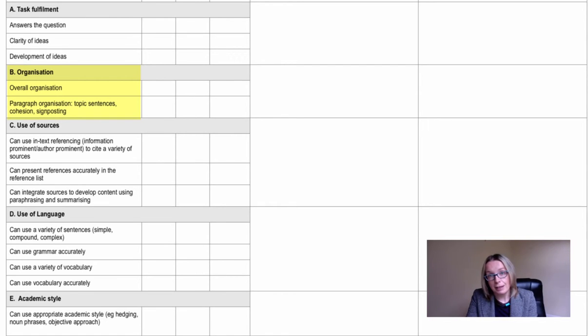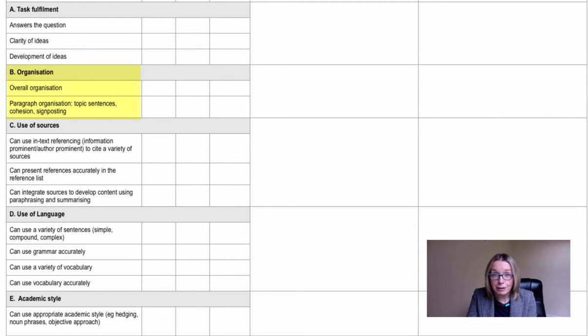Certain assignment types have a prescribed structure. So for example, situation, problem, response and evaluation for certain types of essay, the so-called problem-solution essay, or the introduction, literature review, methods, findings, discussion and conclusion for a research paper. Within each section, the ideas have to flow, have to be linked to each other.